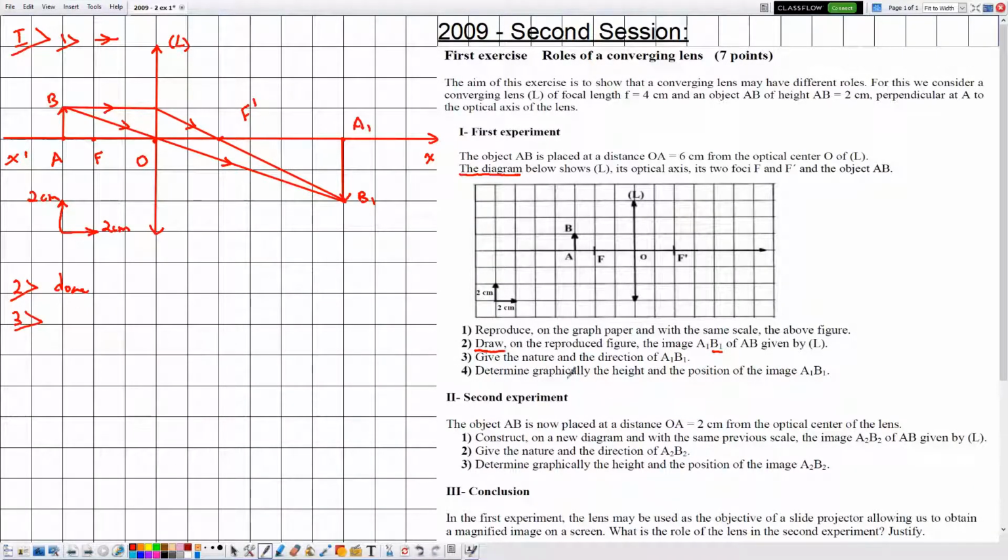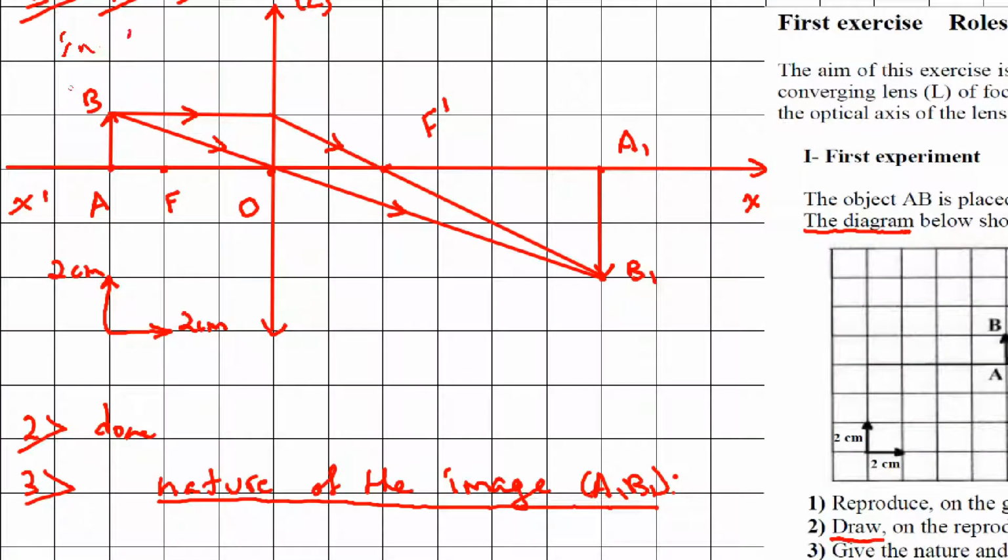Now in number 3 they are telling me to give the nature and the direction of A1B1. So let's start by the nature of the image A1B1. By the nature of the image we need to specify whether the image is real or virtual. Notice that the object AB is in front of the lens, and the image A1B1 is behind the lens, and whenever the image and the object are on opposite sides, this means that the image is real.